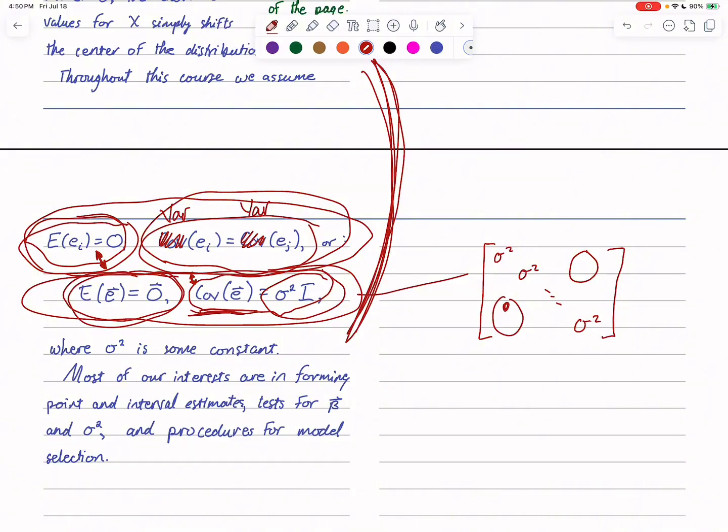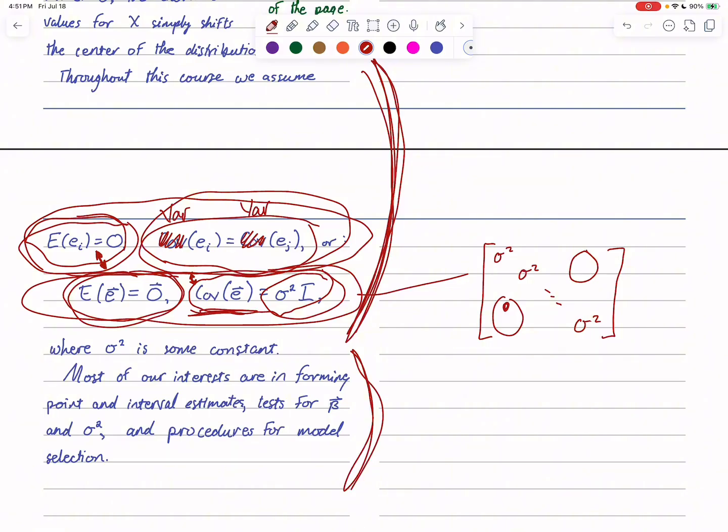So independence is yet another assumption that we're going to make about all of these random variables in the vector E. That's why we get all these zeros in the covariance matrix. So these are the standard assumptions that we're going to make about the vector E, this vector of random variables.